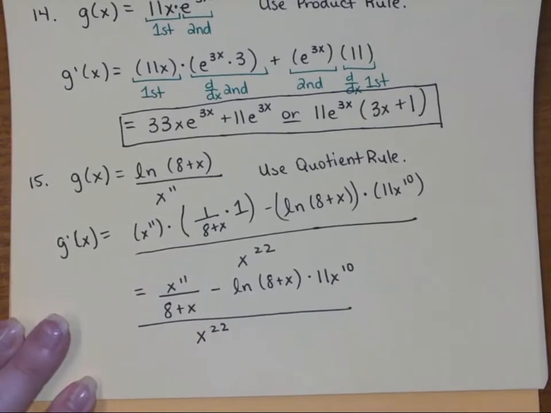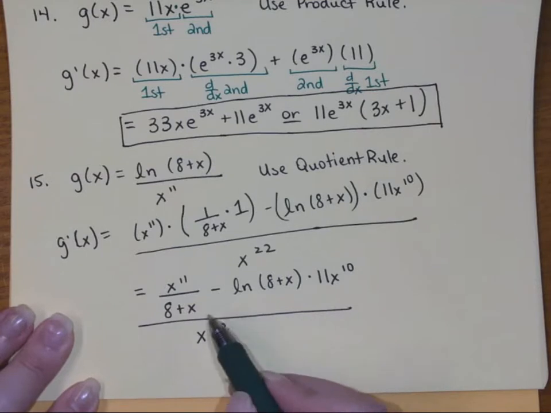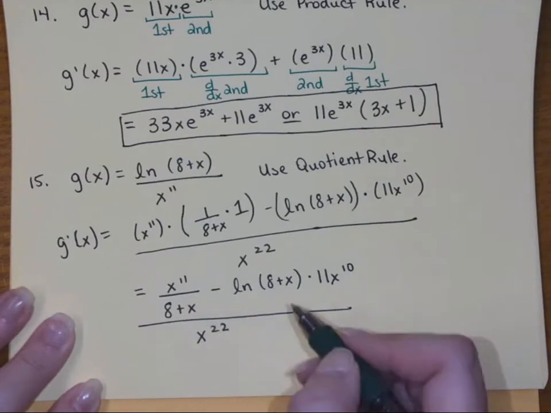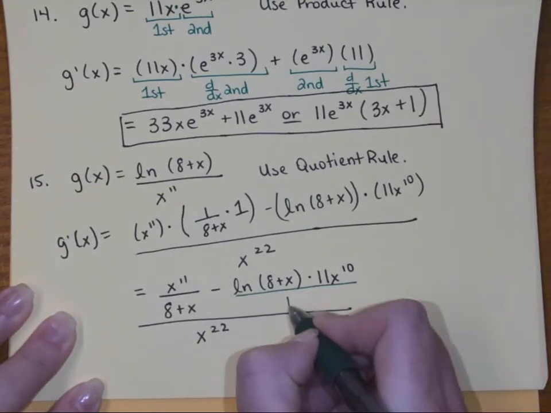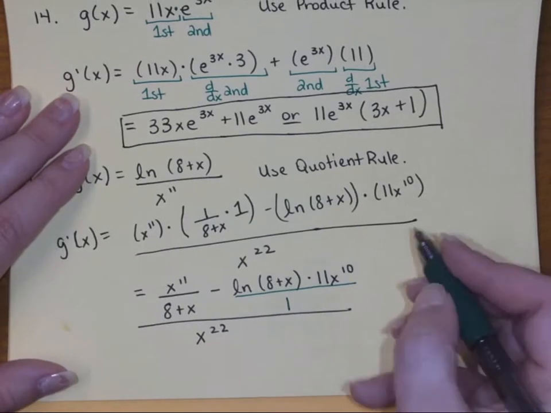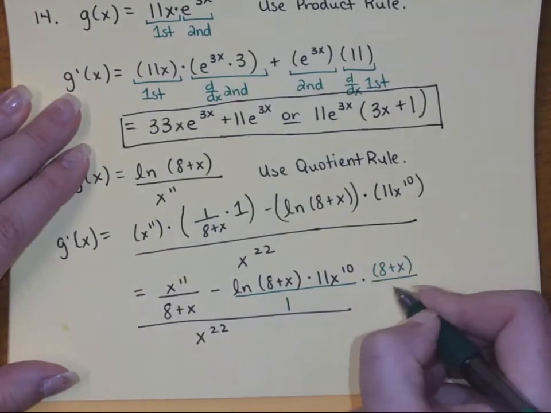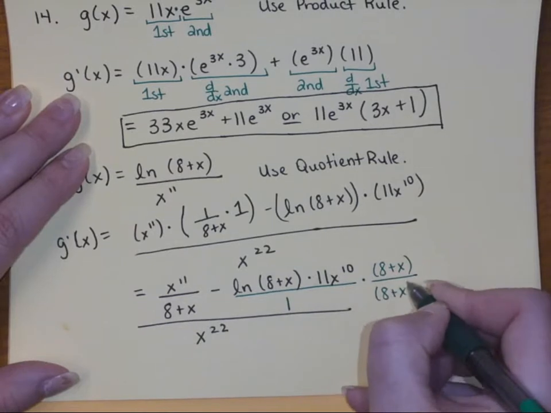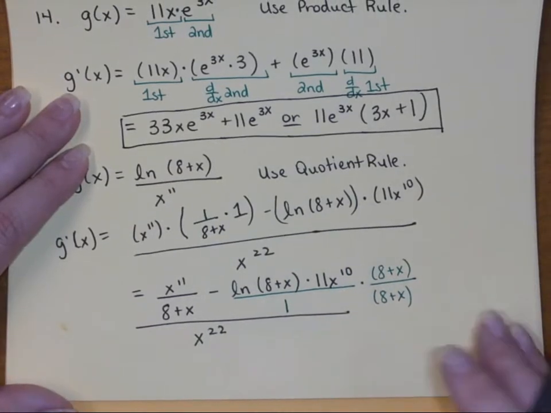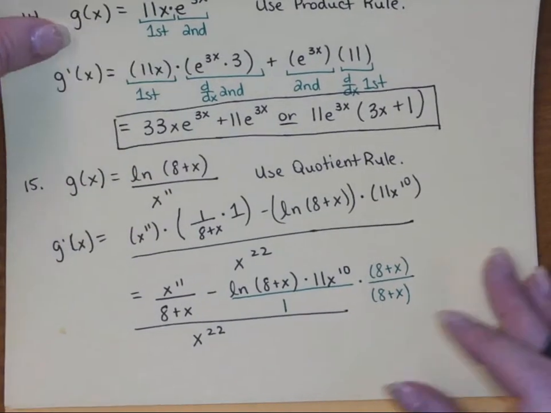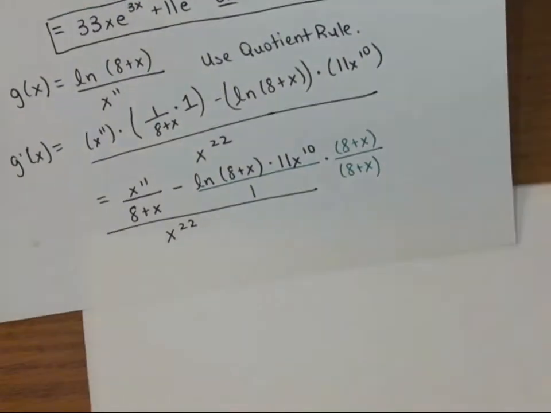But then normally speaking, we don't leave a fraction within a fraction. So what we'd really like, this is understood to be over 1. What we would really like is to be able to combine these together, and we can't do that unless we have a common denominator. So we're going to multiply by what it would take to get us a common denominator.